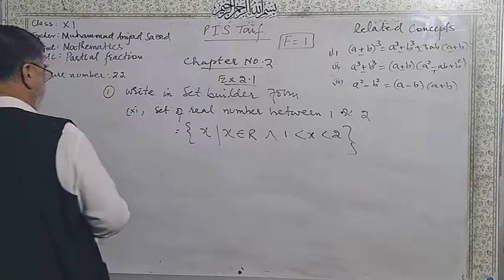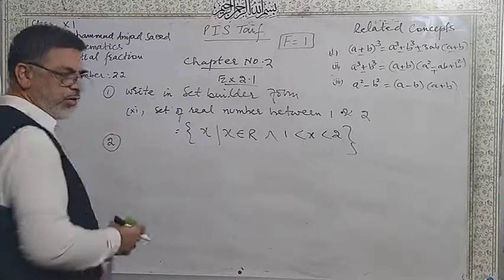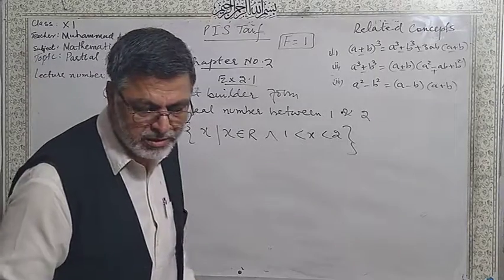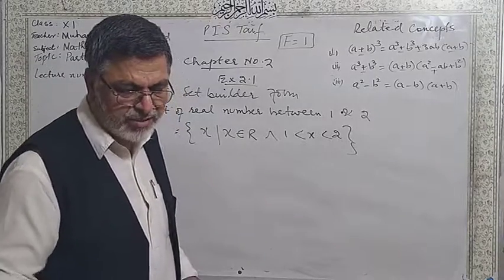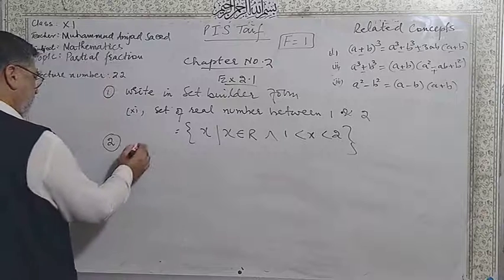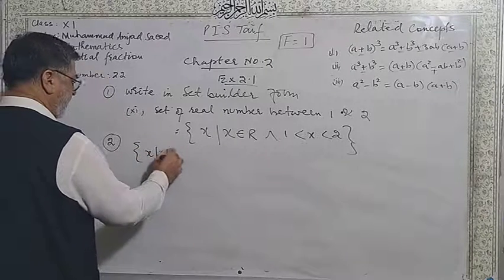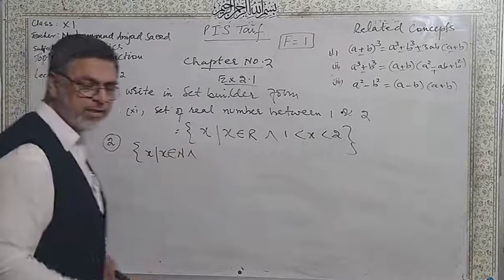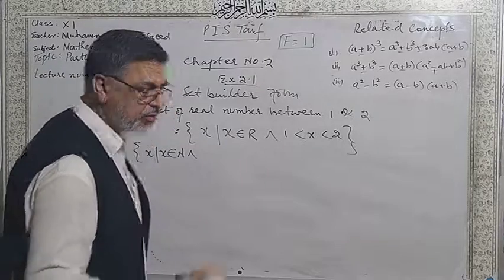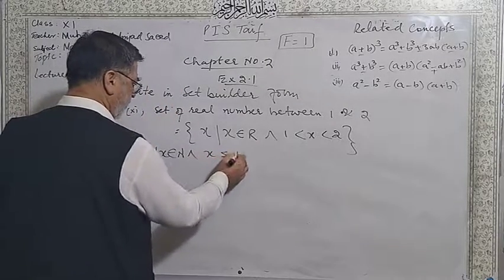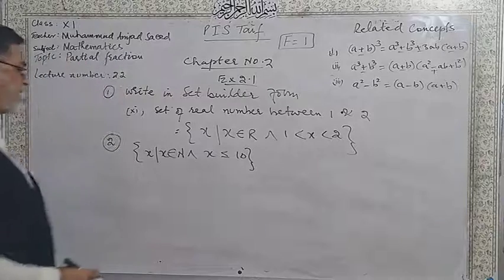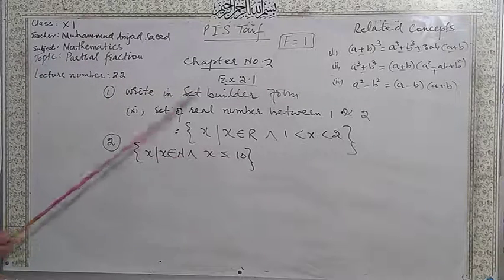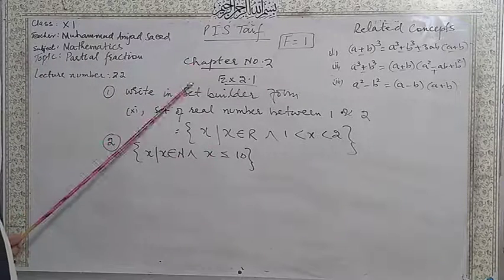Similarly, in question number 2, you have to write down in descriptive and tabular form x such that x belongs to N and x is less than or equal to 10. This set builder form is given here.